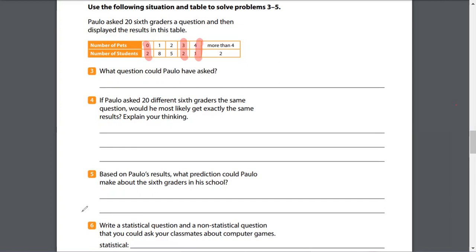So when you look at the large amount of numbers between 8 and 5, 8 plus 5 is 13 students. 13 students have at least 1 or 2 pets. Right. So that's how you would get that answer. That's absolutely right. I totally agree.